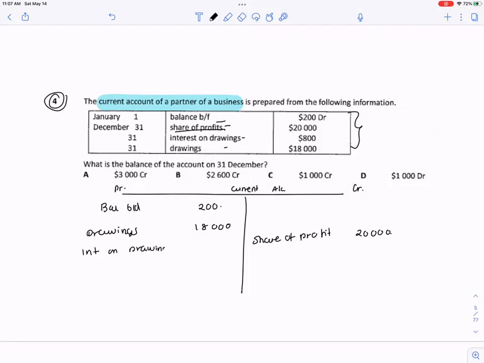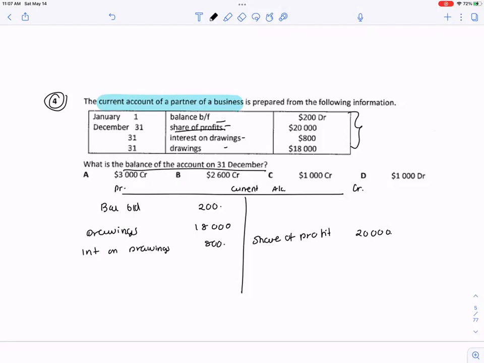What do they want from us? Balance. So balance the account. Which side is more? Debit side or credit side?